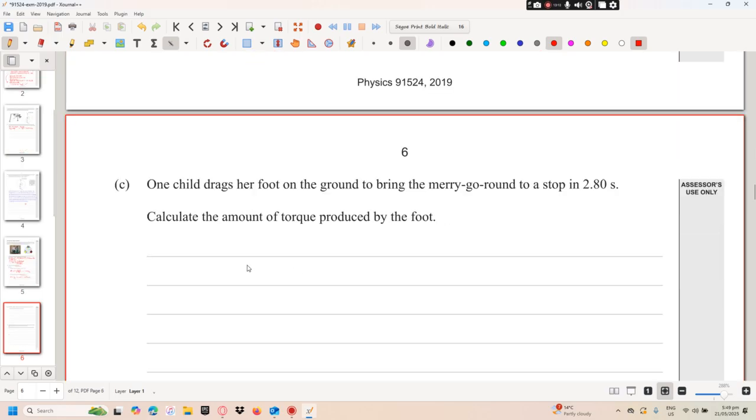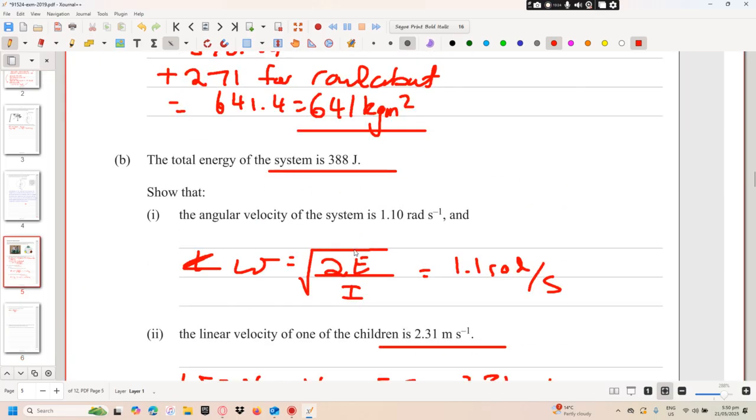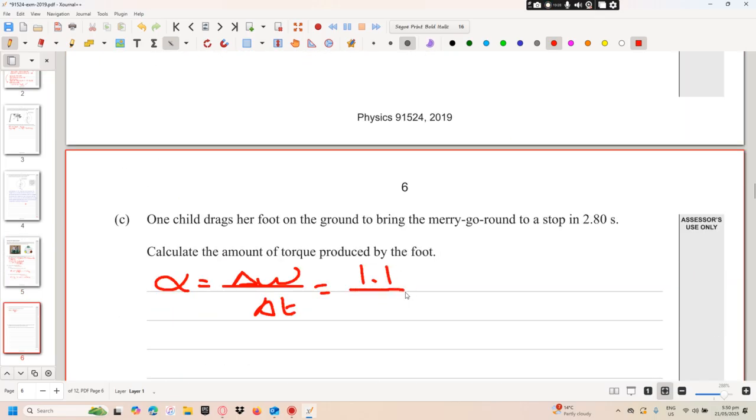The torque produced by the foot. Acceleration, alpha equals 1.1 on 2.8, which is 0.393 radians per second squared.